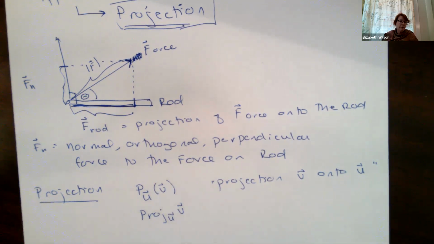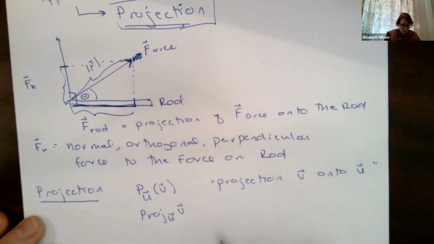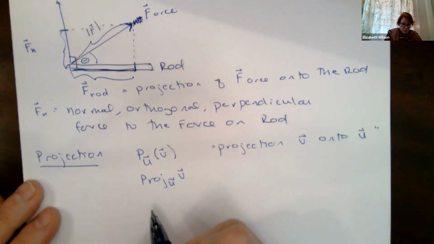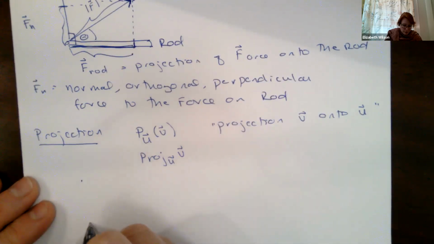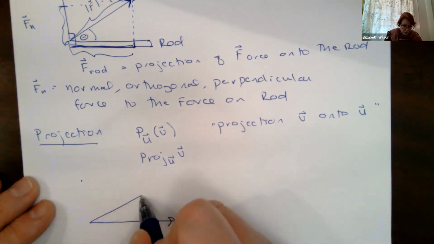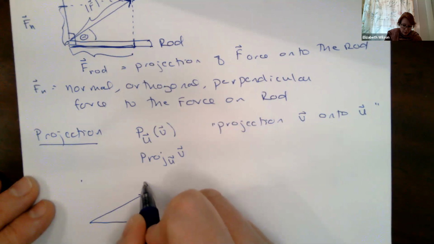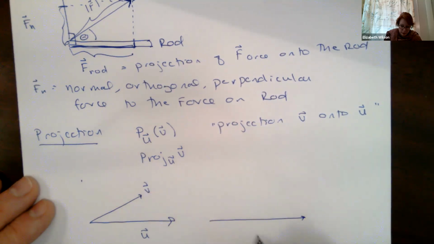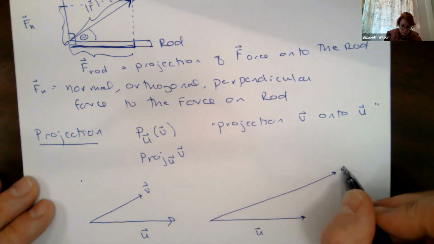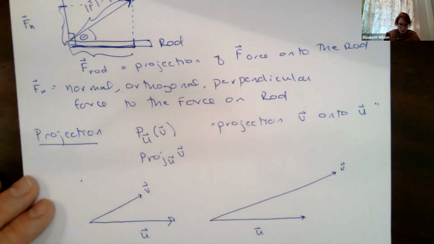Okay, and I've got this vector v, so I'm going to draw it out more like this. I've got this vector u down here, and I can do this in multiple ways. I'll show you multiple. So this is my v. Let's do it where we have u, and then let's say v looks bigger than that. What is that projection going to look like?